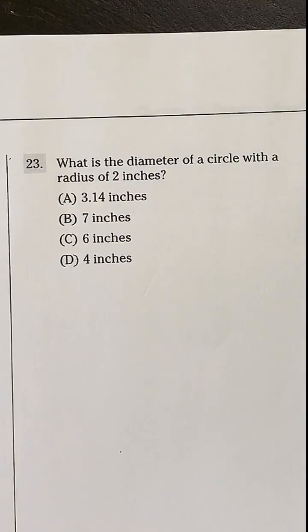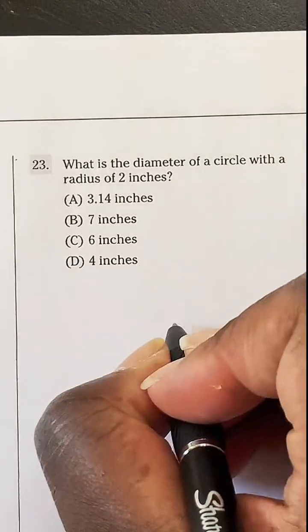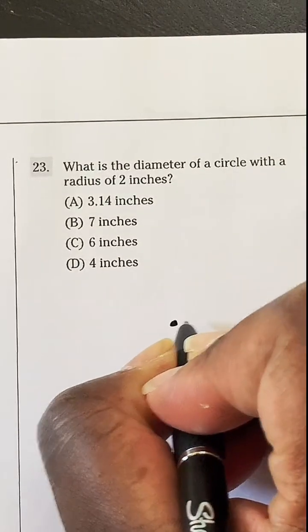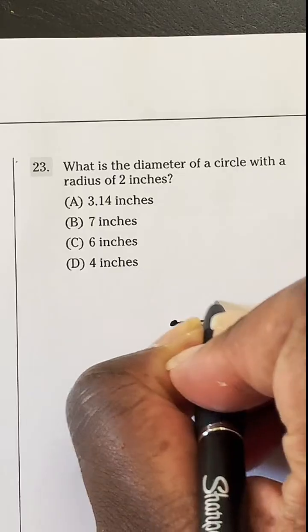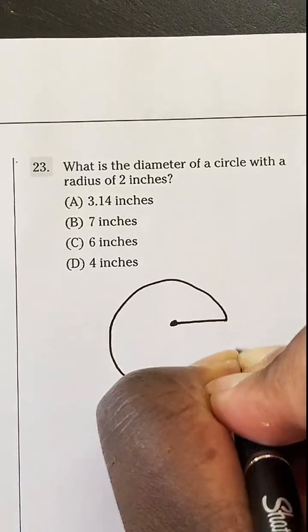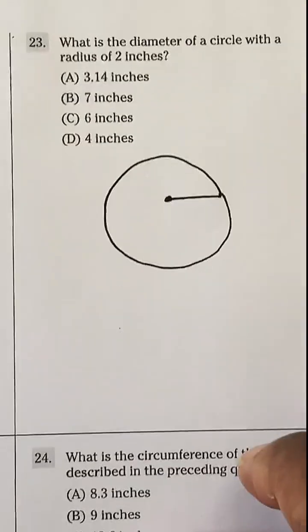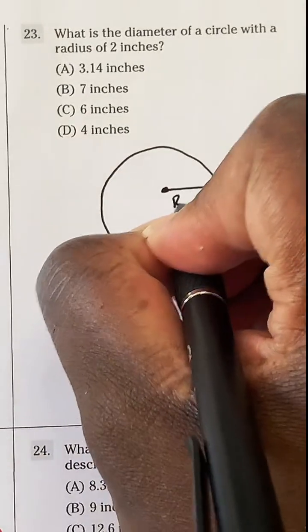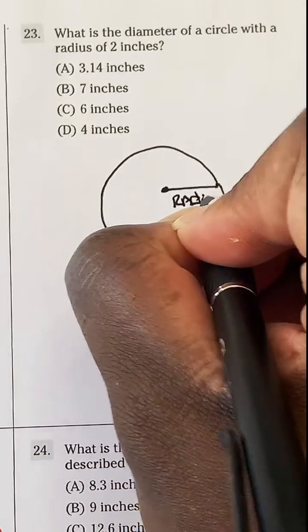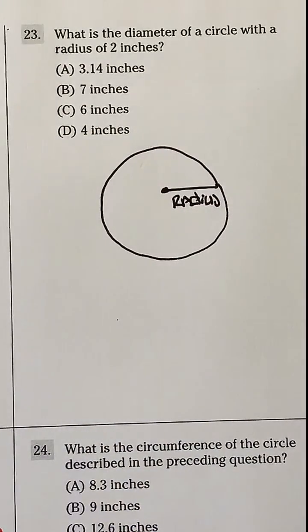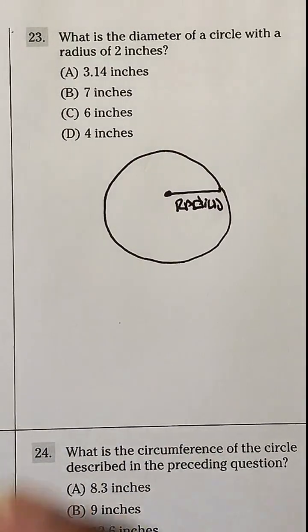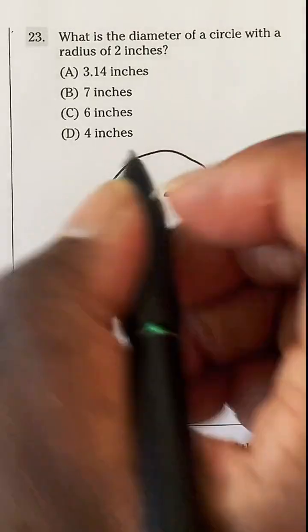All right. So, remember what I said. If we're at the center of a circle, and there's a point on the circle, I know that's hideous, but work with me here. This is your radius. Your radius is from the center of the circle to a point on the circle.